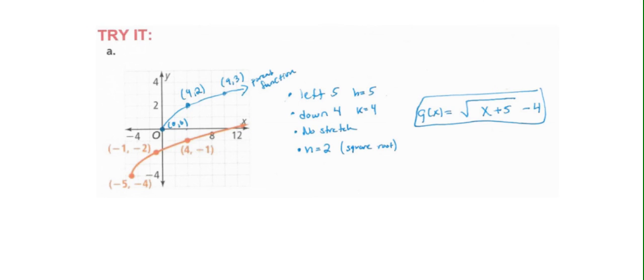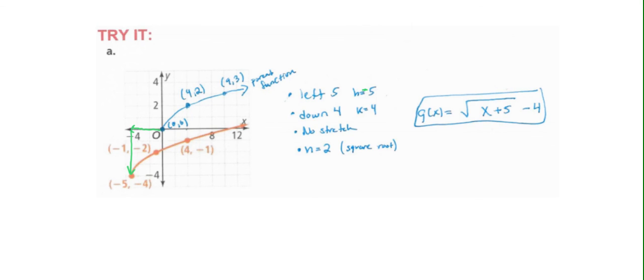All right, so now here's the solution. This point went left 5, right? And then it also went down 4. Okay, so left 5 means our h is -5, and down 4 means our k is -4.